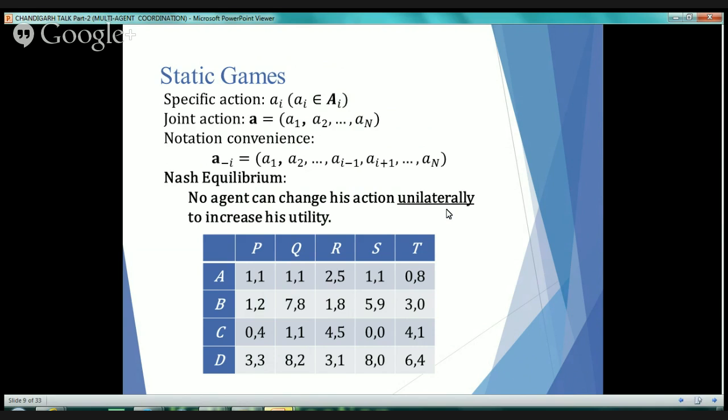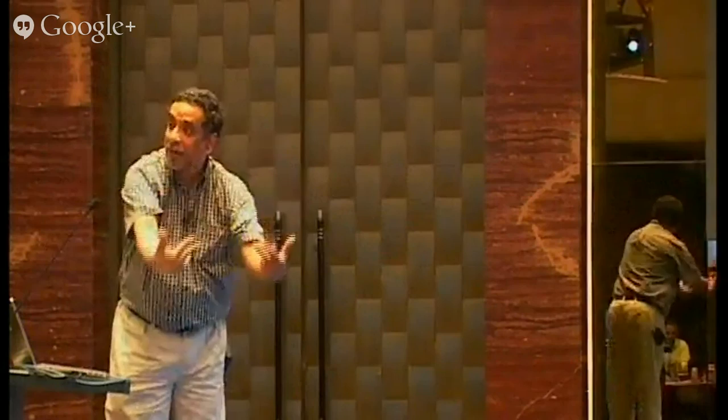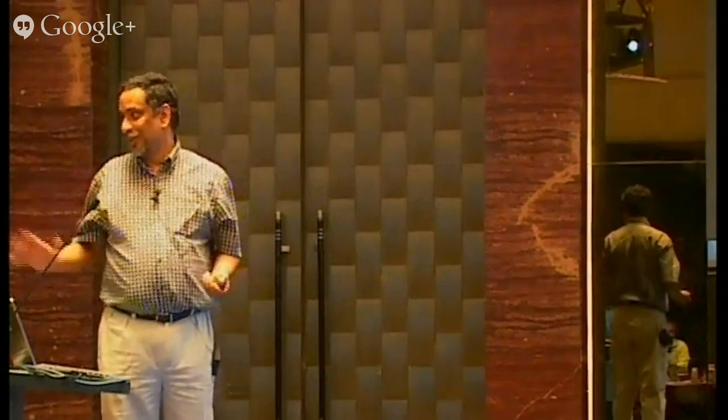Okay, so this is one Nash equilibrium point. And the other Nash equilibrium point for this is 4 and 5. In fact, for this game, there are two Nash equilibria. Note that we are disallowing the case where both of them simultaneously change. That's not what we're looking at.